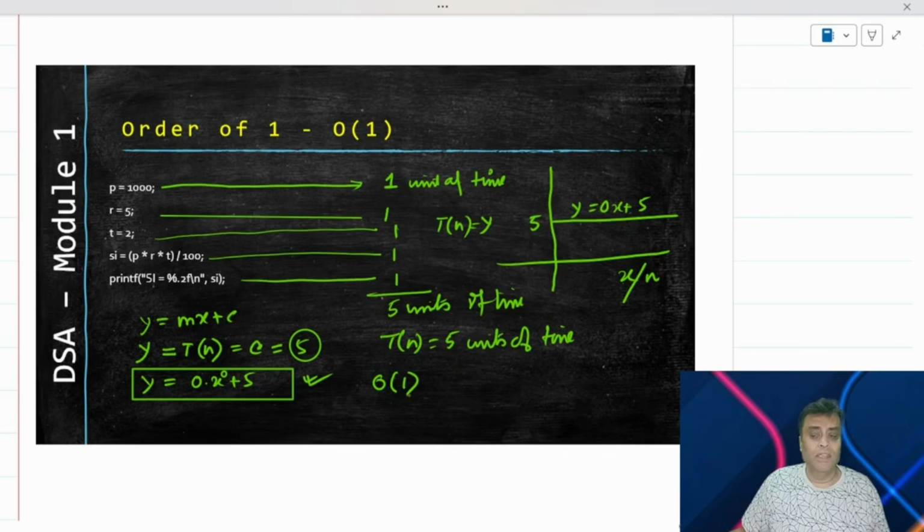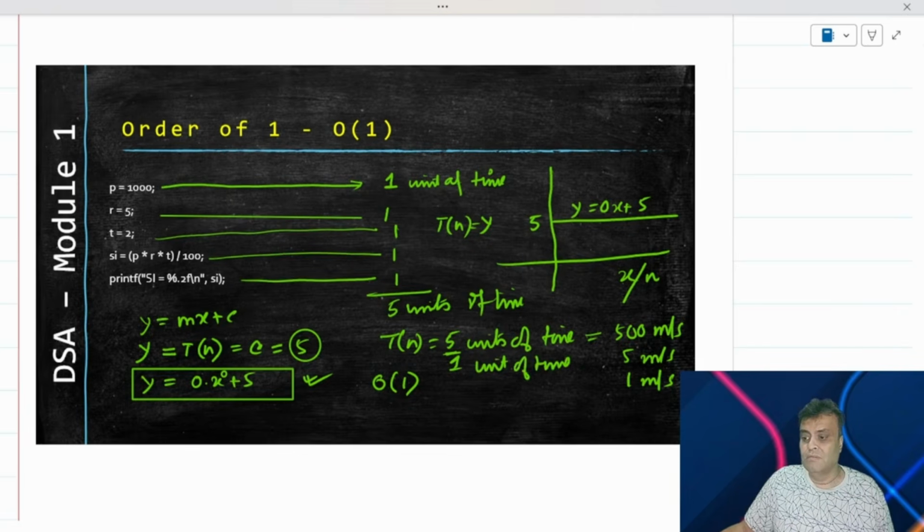It is constant. I do not know what 5 units of time means. I do not know that 5 units of work in my machine is probably 500 milliseconds. In your machine it could be 5 milliseconds. In some other machine it could be 1 millisecond. So I can easily make 5 units of time as 1 unit of time in some other machine.